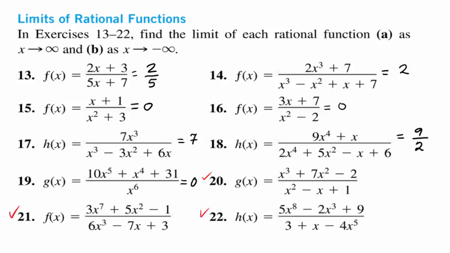Limits of rational functions. We have already seen that for numbers 13 through 22, it was easy to determine the limits as x goes to infinity or negative infinity. For numbers 13 through 19, as long as the numerator's degree is equal to the denominator's, you just take the ratio of the coefficients of the leading terms.